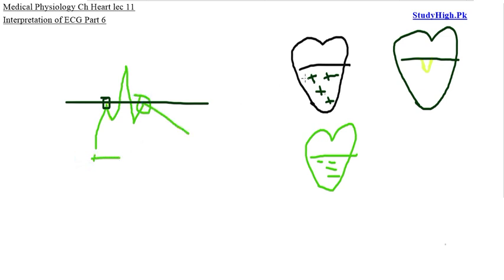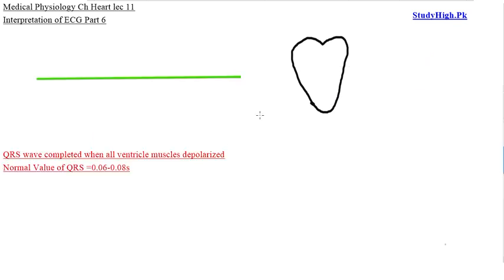It ends when all ventricular muscles are in depolarized form. So in other words, the QRS wave is the interval of time between the polarized ventricles and depolarized ventricles. So this is the first thing that you must know if you want to understand today's lecture.